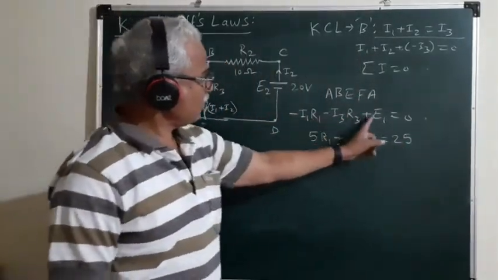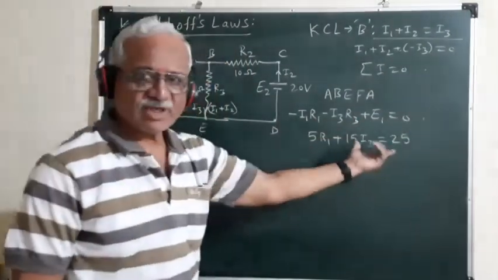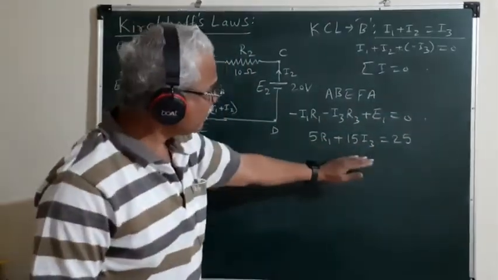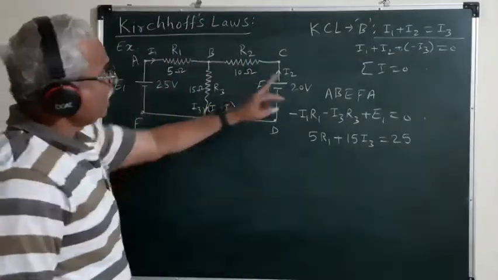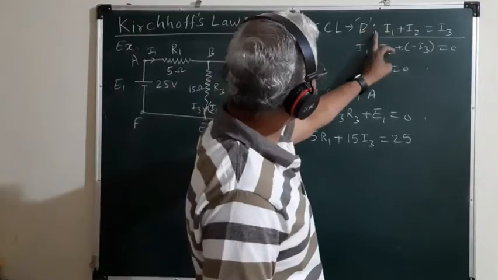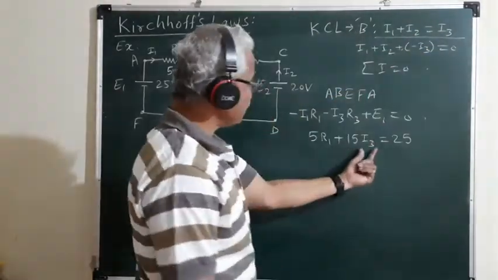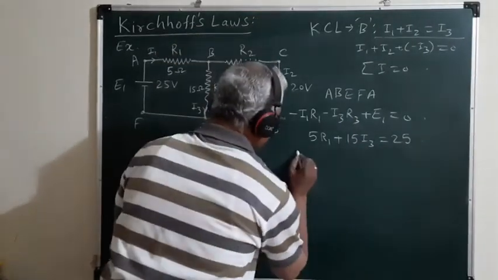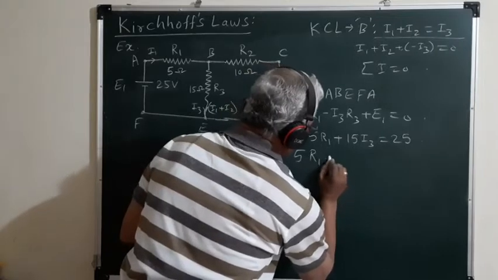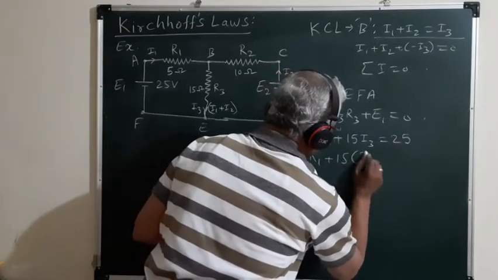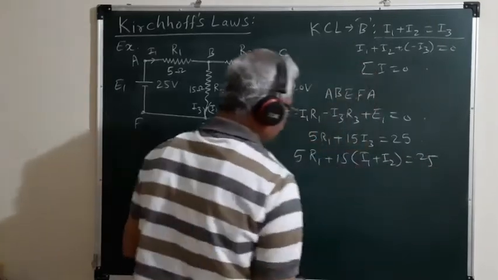So we have transferred this term to the right hand side so that the signs of all the terms are changed. So it is 5 I1 plus 15 I3 is equal to 25. Or since in accordance with Kirchhoff's current law, we have I3 is equal to I1 plus I2. Using I3 is equal to I1 plus I2 here, we can express this relation as 5 I1 plus 15 into bracket I1 plus I2 is equal to 25.